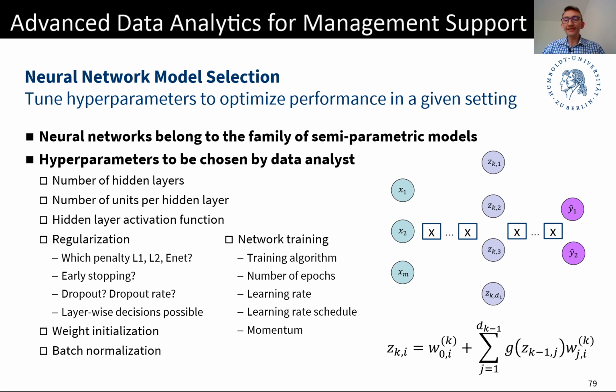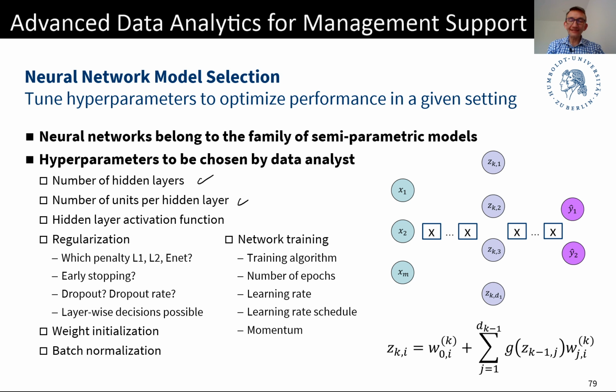Most prominently, what is the number of hidden layers? That's a decision that you will have to make when designing a neural network. Similarly, how many units do I want to have in each of the hidden layers? You have already seen that if you followed my advice and played with the TensorFlow playground or spent some time there.